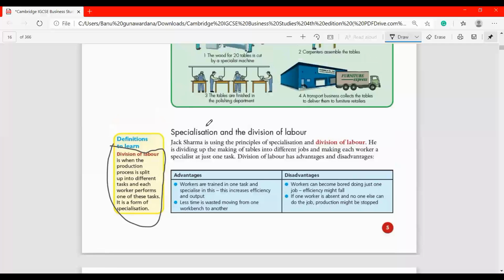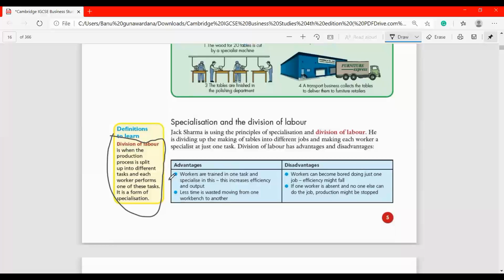So this is where the process of producing goods and services is split up into different parts, and each worker or employee is assigned to a certain part of the production process.